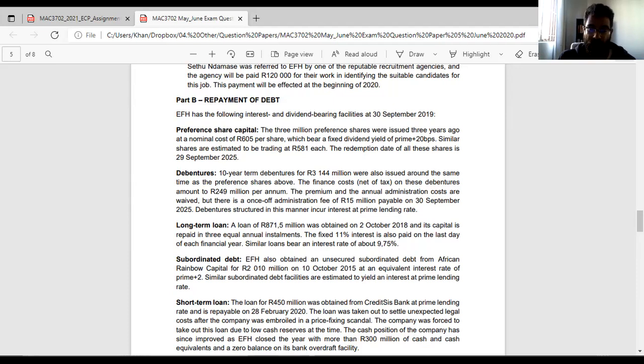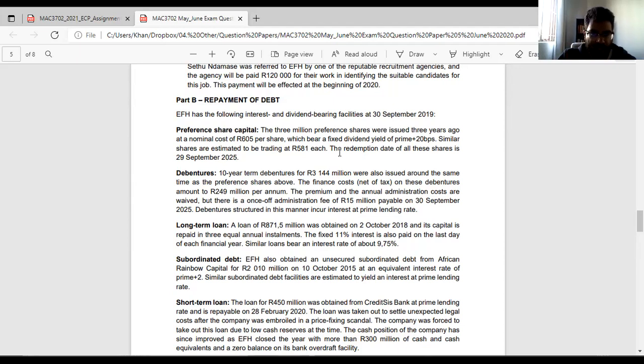I'll explain it to you when we cover one of these questions. If it is non-redeemable, meaning you can't pick up a specified date of repayment, then you use the perpetuity formula. The perpetuity formula is basically present value equals payment divided by I, and you can rearrange the equation to get I. Okay, but all that is on the platform.